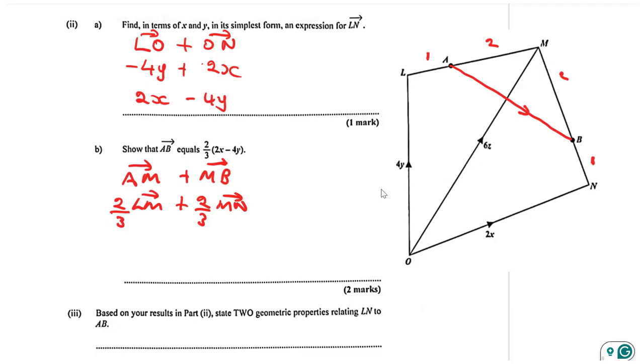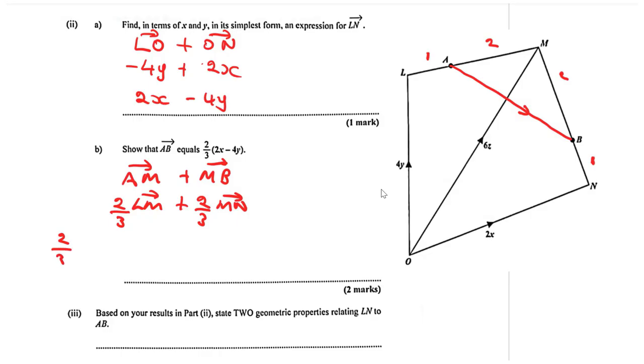Now the line LM, we need to express that line in the form of x and y. What is the vector LM? If we move in the path of a triangle again, let's write back our 2/3.